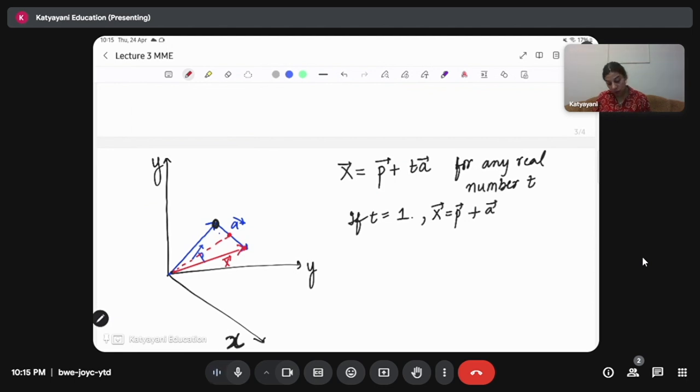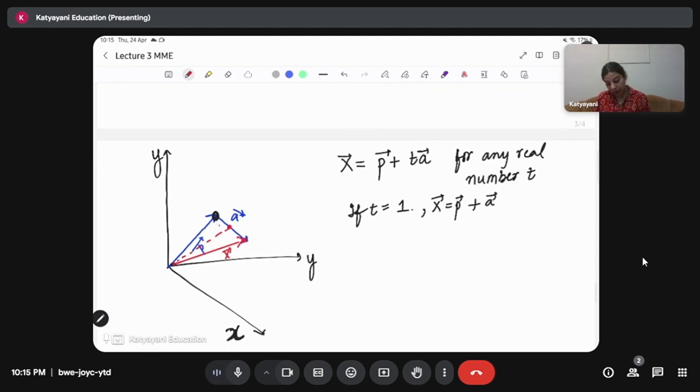If t takes a value 0, then in that case I would be at point P, right? So that the x would be this, right? And so on. If t takes another value, suppose I would be here, and so on. So this is the equation of the line that I want, right? If t takes a value 2, then I am in the same direction of a, but twice of a, right?